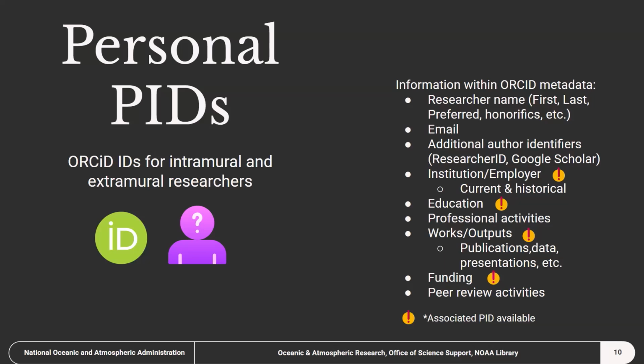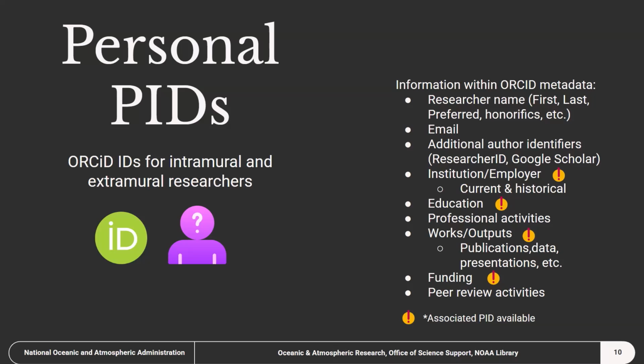Funding. If you receive a grant from any institution, you can put that into your ORCID. It is really helpful, and it's a nice way for you to track what you have done and where you have received funds. And you can also include peer review activities. There's a caveat to this. Any peer review activities that you do would have to be added by the entity you are doing that peer review for.